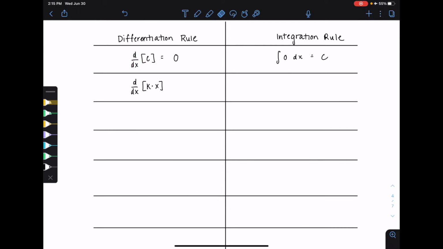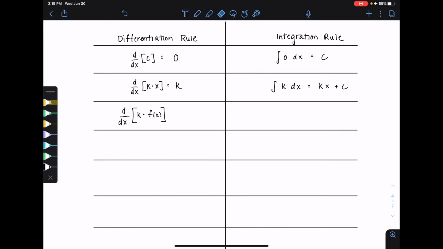We know if we take the derivative of some constant times x, like the derivative of 2x is 2, you just get the constant in return. So if I integrate a constant, I'm going to get a constant times x plus this coefficient of c. Because again, derivative of kx is k, derivative of c is 0. So the derivative of this quantity is exactly k. Okay.